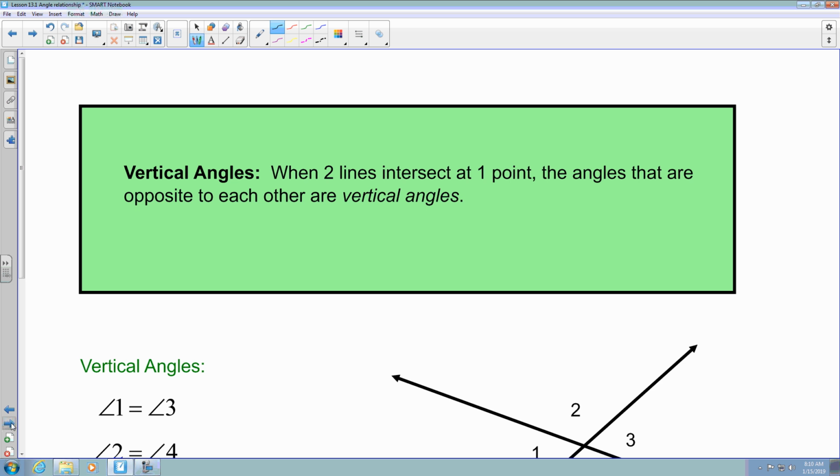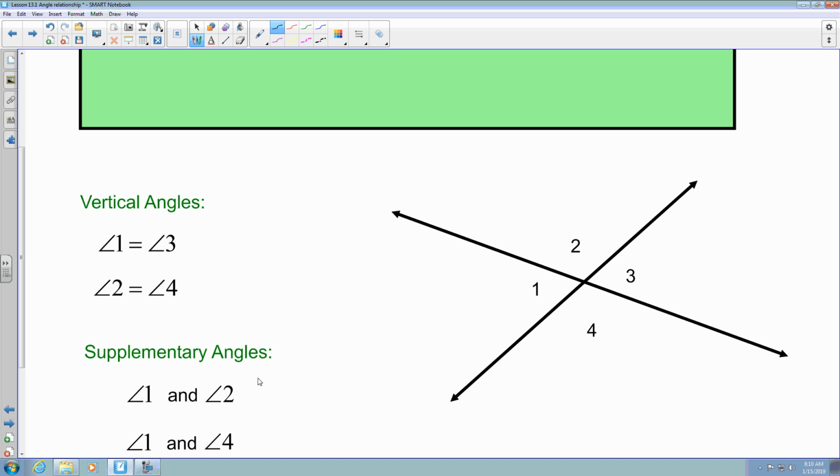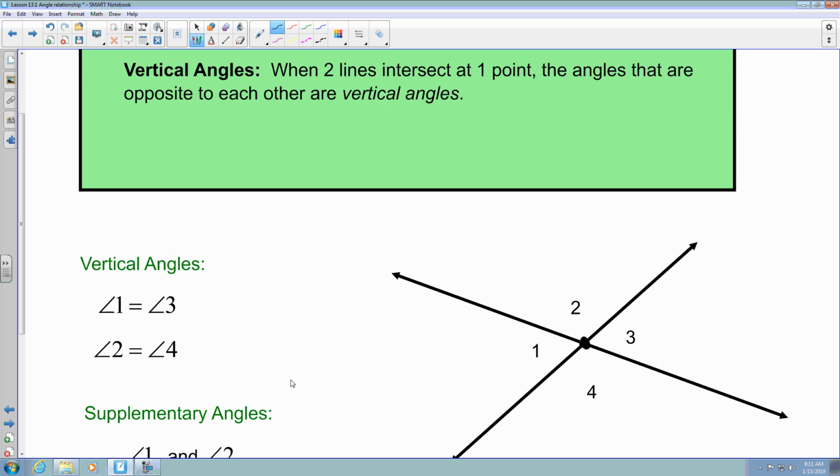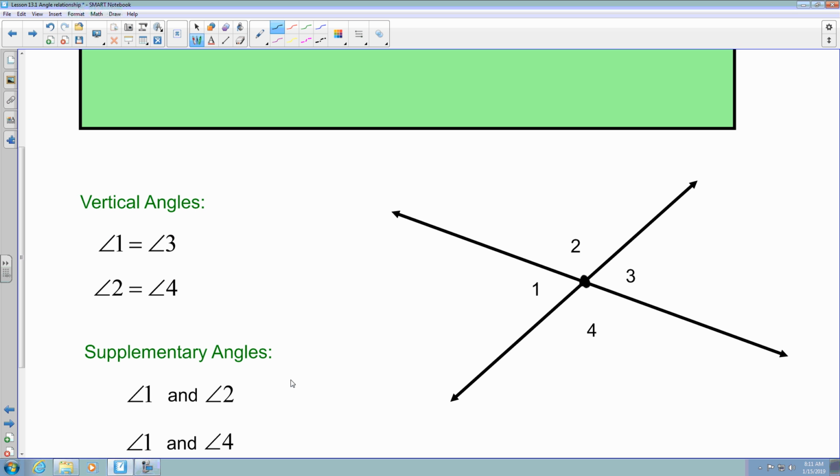Another angle relationship that ties into what we're looking at is vertical angles. Vertical angles are when two lines intersect at one point. So right here, they intersect right here. The angles that are opposite to each other are vertical angles. In this diagram, angle 1 and angle 3 are vertical angles.